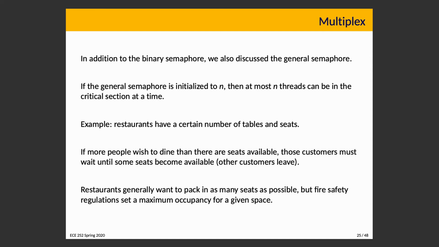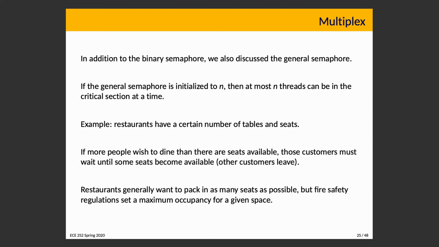Obviously, if you're manipulating variables that are shared, you can't have multiple threads in the critical section at the same time. But sometimes your critical section is something that you want to have only a certain amount in progress at the same time. So an analogy for this is a restaurant.